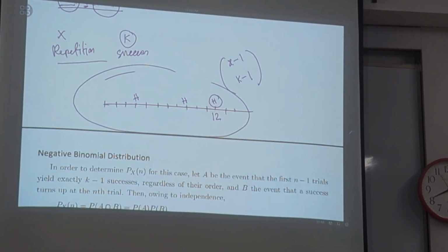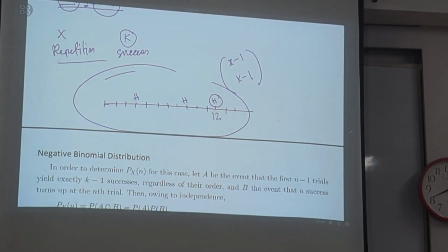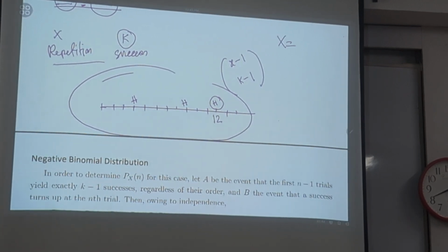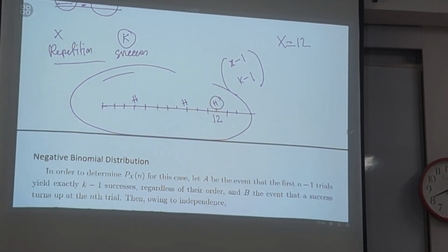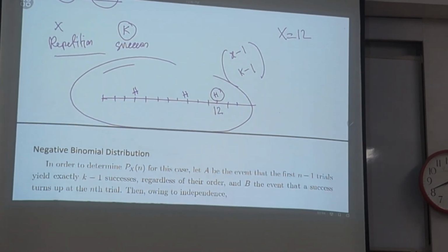So in this figure, one identification is that we have 2 events. One of the events is X equal to 12, meaning that you get 3 heads in 12 attempts.